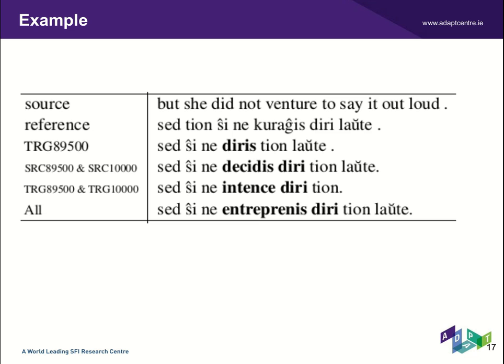So for example, here we have the source, "but she did not venture to say it out loud", and for the part "venture to say", the baseline omits the word venture and only translates say, "dirlo", which means say, but the word venture is omitted.